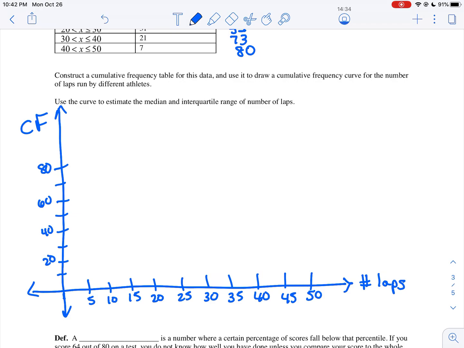And notice how I am labeling this. So my x-axis is number of laps, and the y-axis is the cumulative frequency.